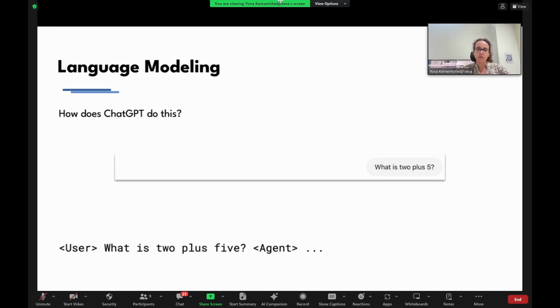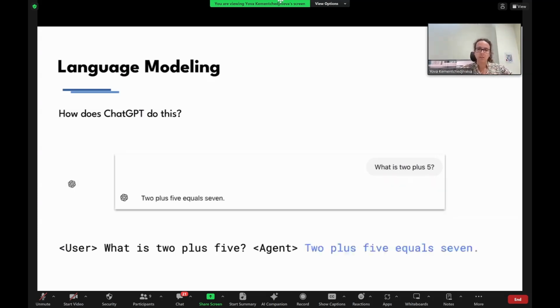And what a language model is, basically: on the forefront, we see this dialogue-like user interface. But what's happening in the back is that there is a model that gets an input that might be formatted something like "user says, what is 2 plus 5, agent," and then from this input, the model has to generate the next token.